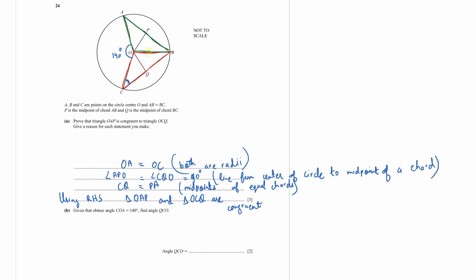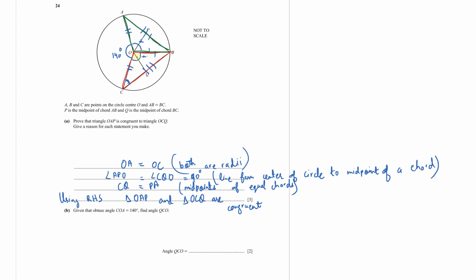These two sides are equal because both are radii. And this whole length AB is the same as this whole length CB, because it is given in the question that both chords are equal. So all three sides of both triangles are equal, so they are congruent. That means this angle here and this angle here are equal as well. Let's call them X. So we can find X, then we can find this angle QCO as well.